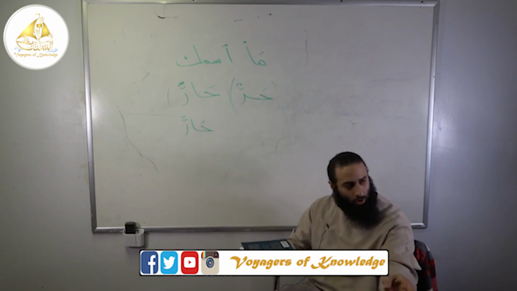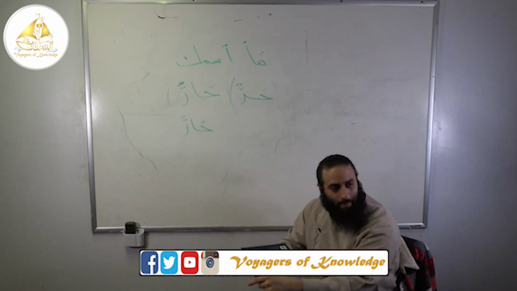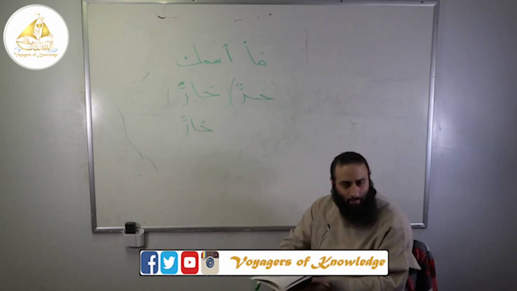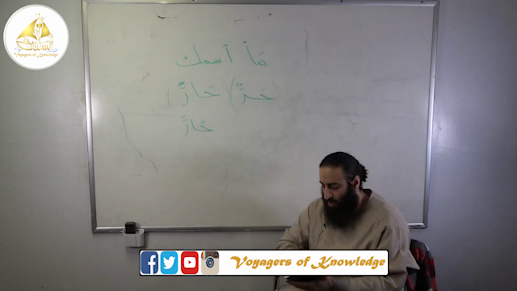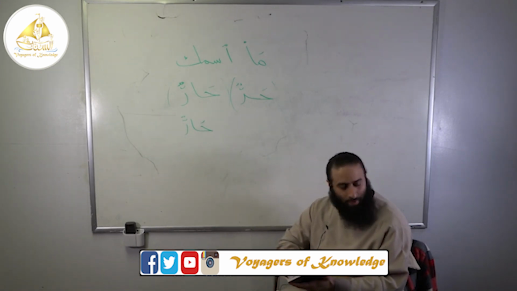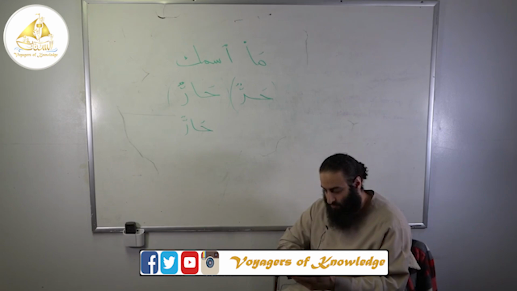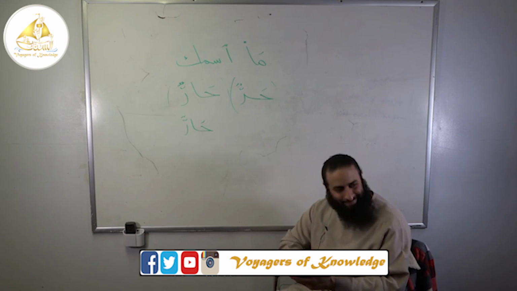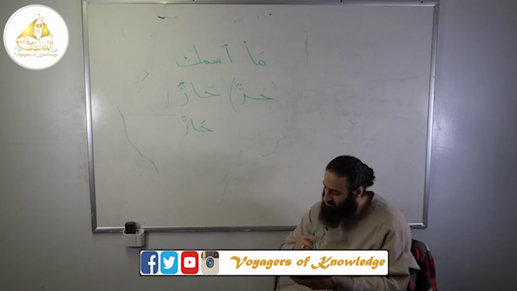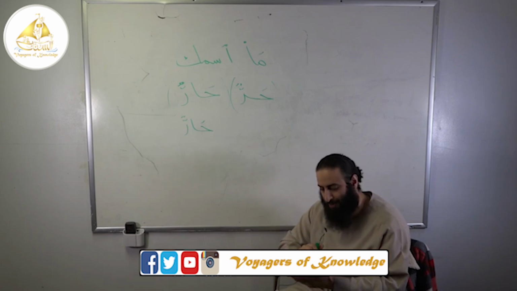Ismuka, your name. Ismuhu, his name. All right, very good. Back to Mudaffar. Even the feminine is going to be ismuhu? No, we're not on feminine yet. You just wait. There are no girls in this classroom, so we don't need to worry about them for now.